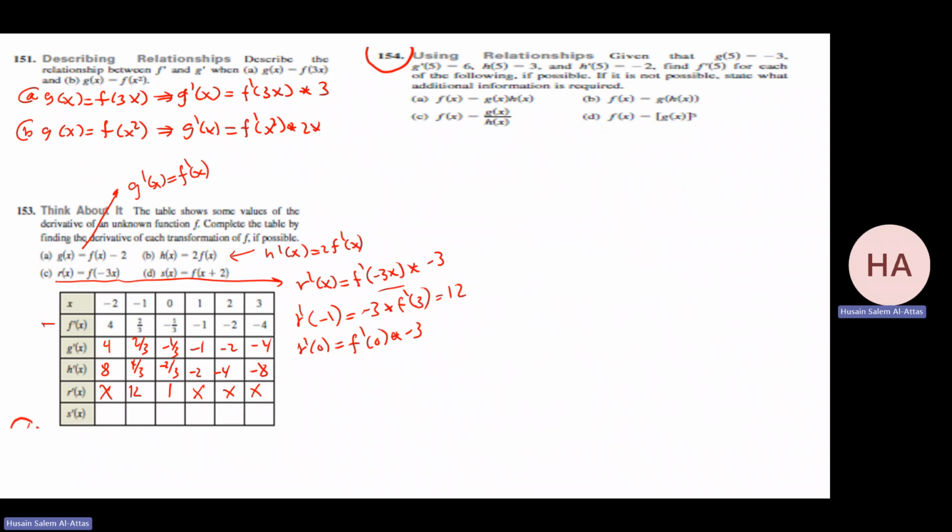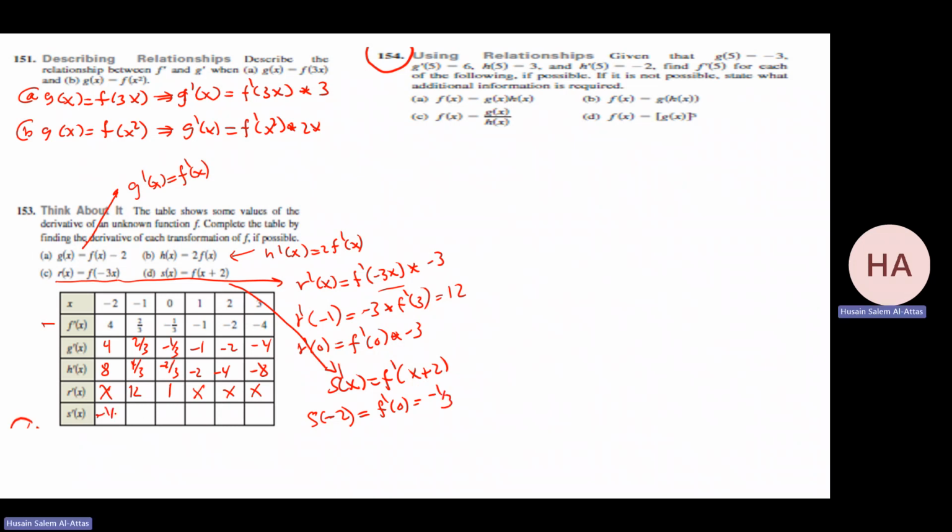Now S prime. S of x is f of x plus 2, so S prime of x is f prime at x plus 2. Okay, S prime at -2 will be f prime at 0, which is -1/3.